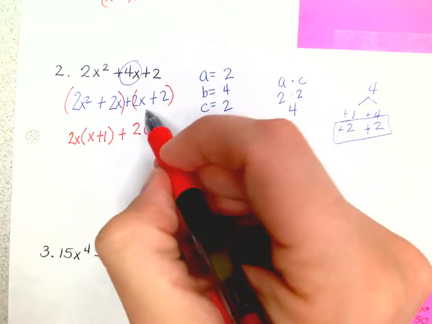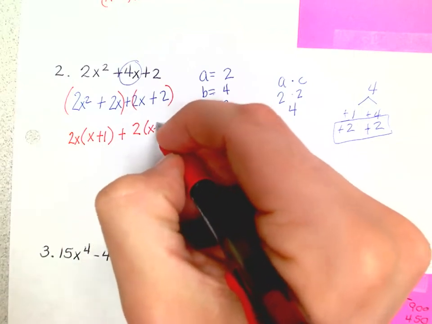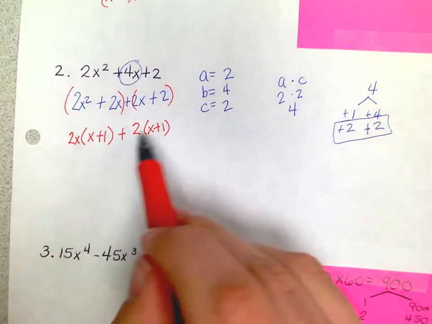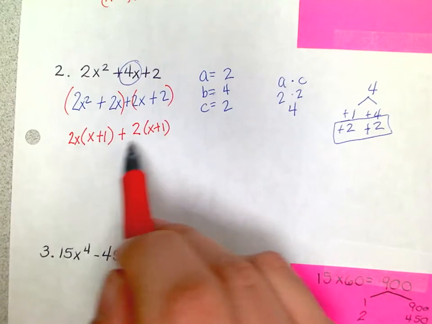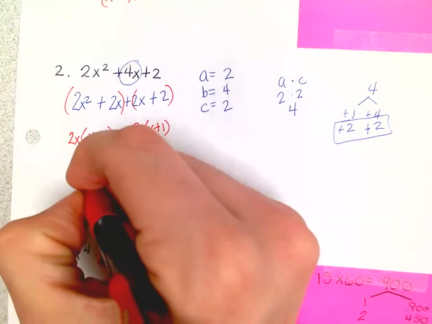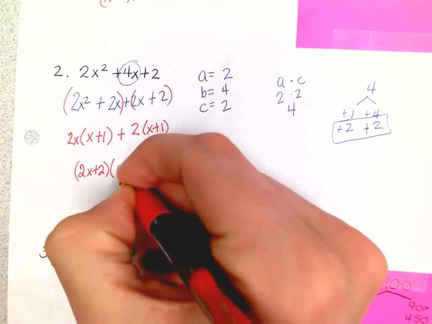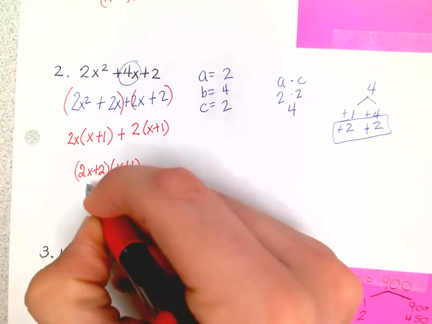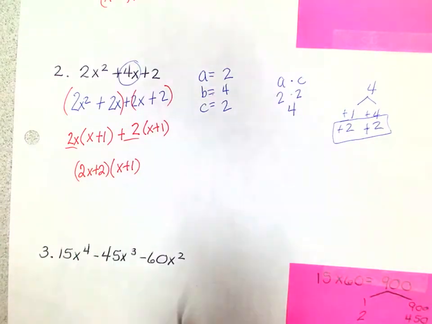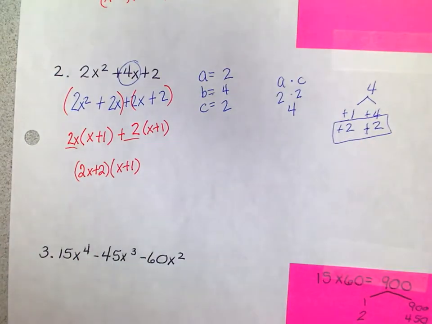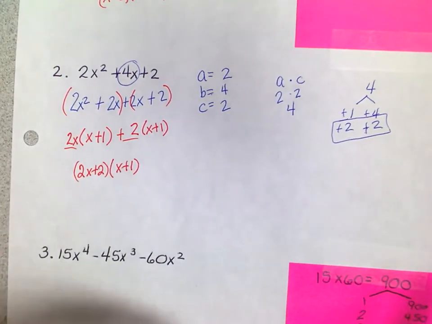And what can we factor out? We can factor out x plus 1. If you notice, our terms match. They're the common term, so we can just take 2x plus 2 in parentheses times x plus 1. And the 2x plus 2 just came from the terms out in front of the parentheses.